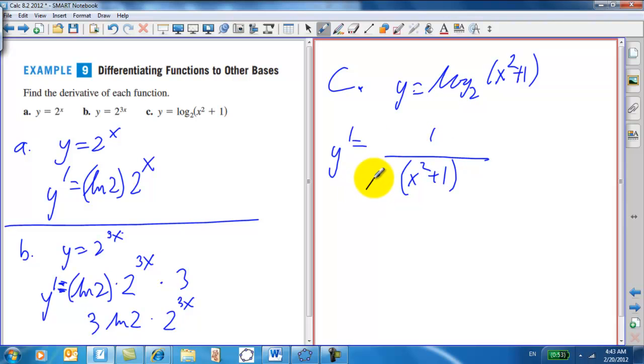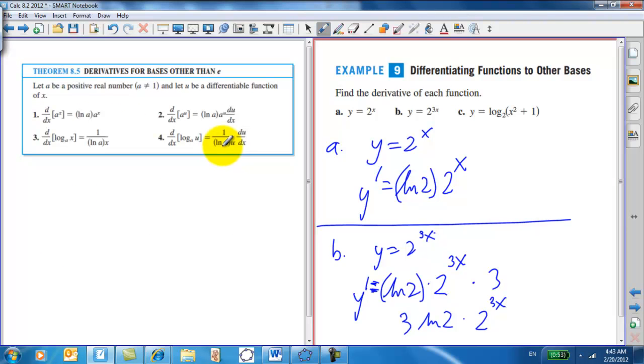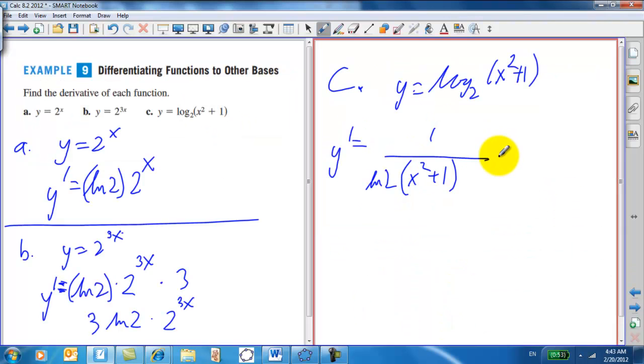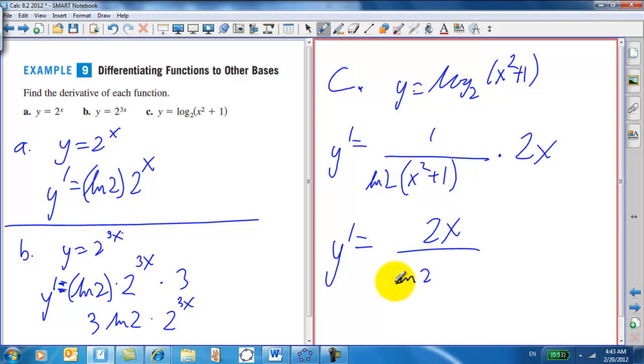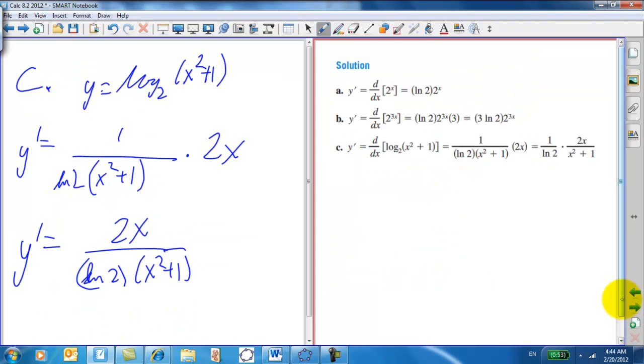So you have the natural log of 2 down here. I'm pretty sure it's in the denominator. Yeah, it's in the denominator there. Now we still have to multiply by the derivative of the inner function, which is 2x. So we get for the derivative 2x over natural log of 2 times x squared plus 1. Okay?